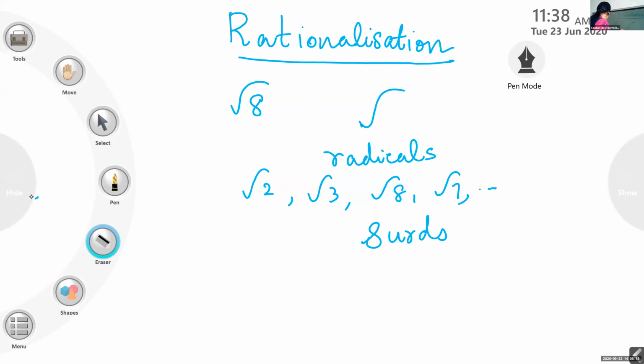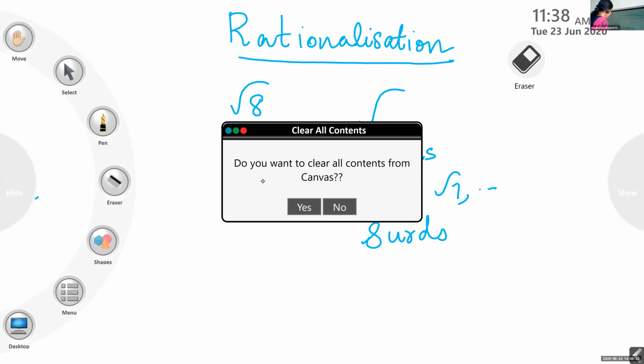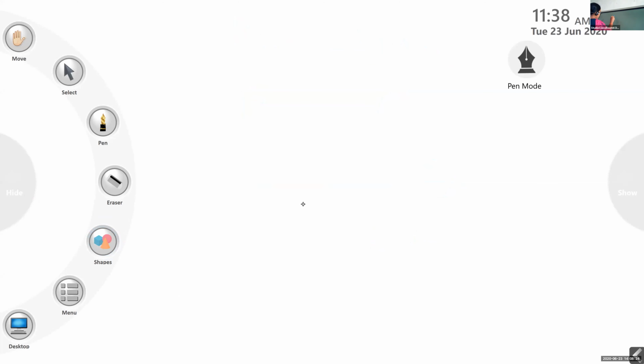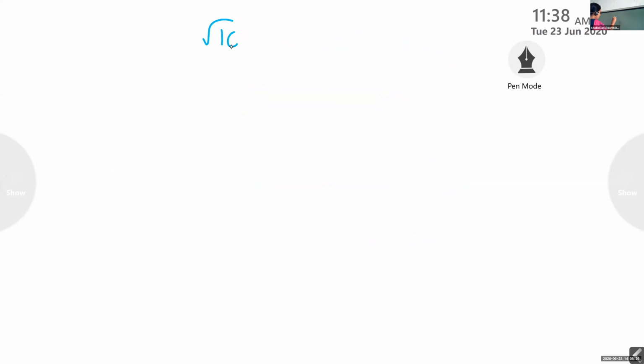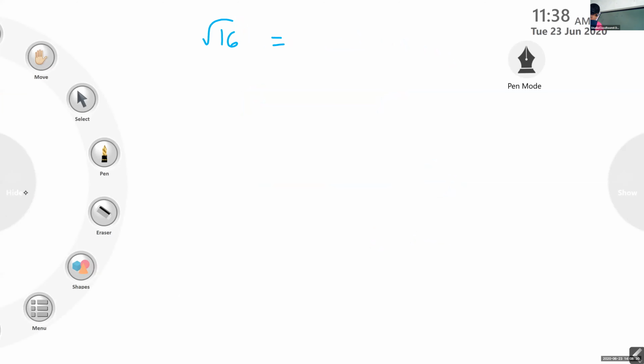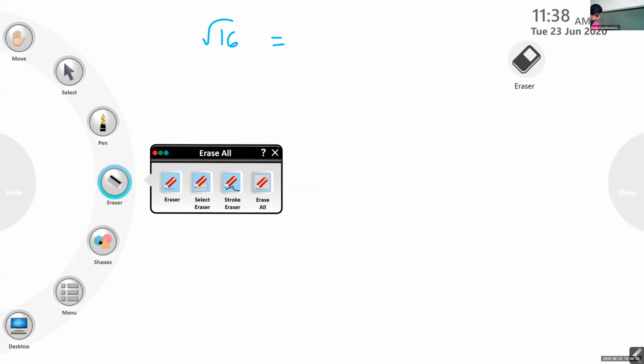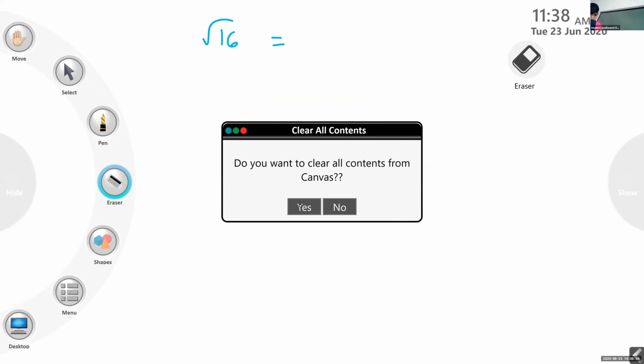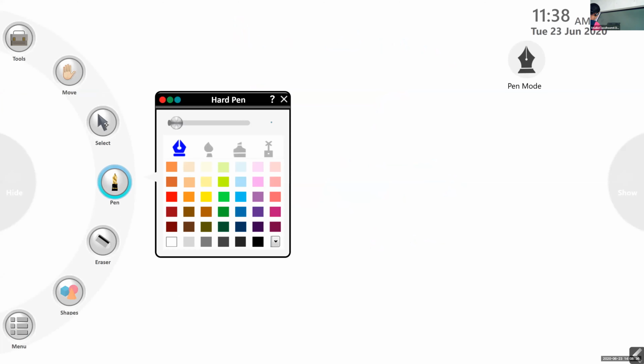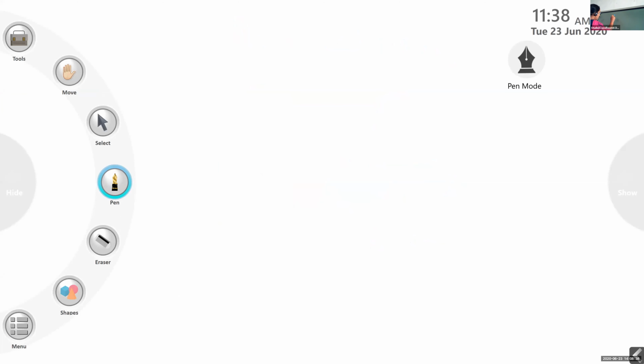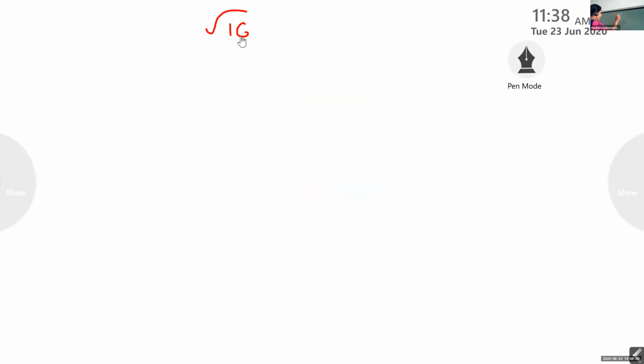Now, let me teach you one important thing. When the number is very small, you can understand it. See, root 16, you already know, is 4, plus or minus 4.